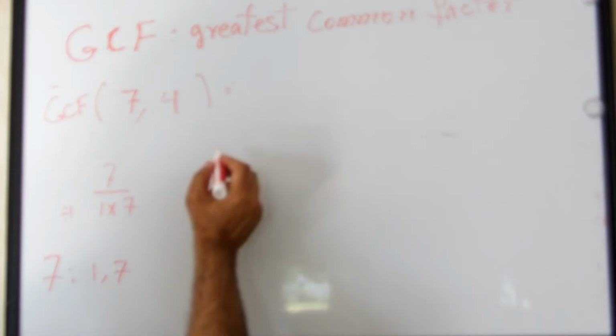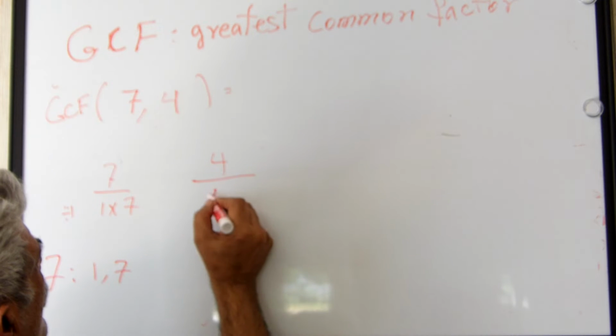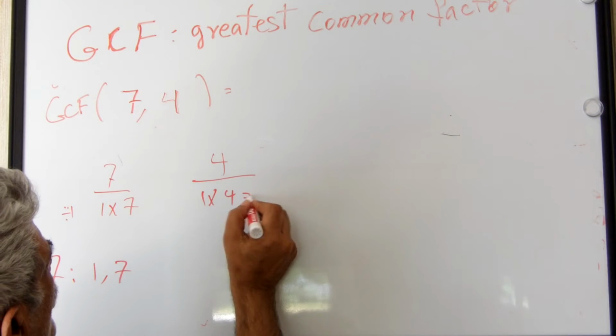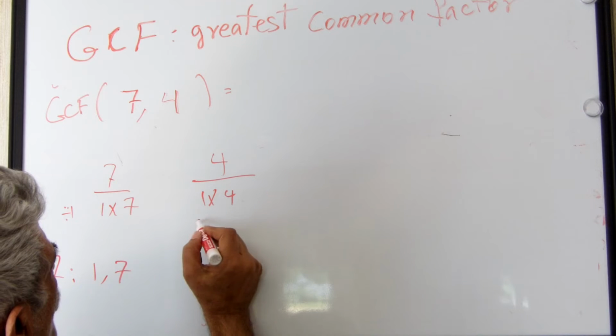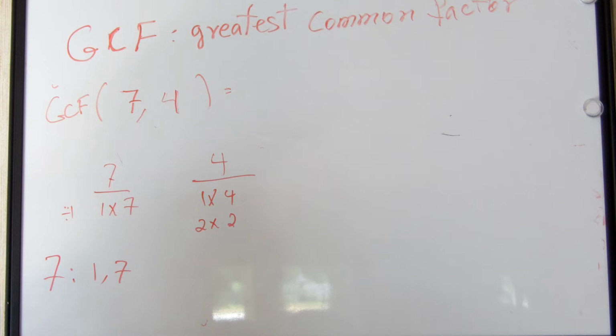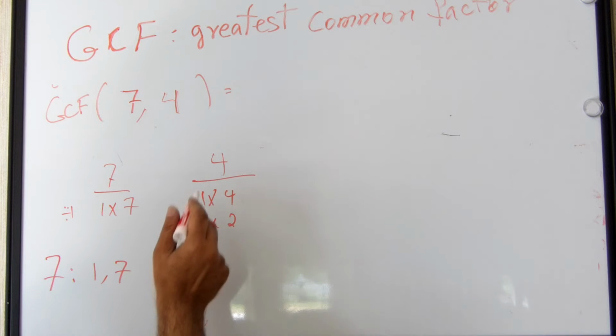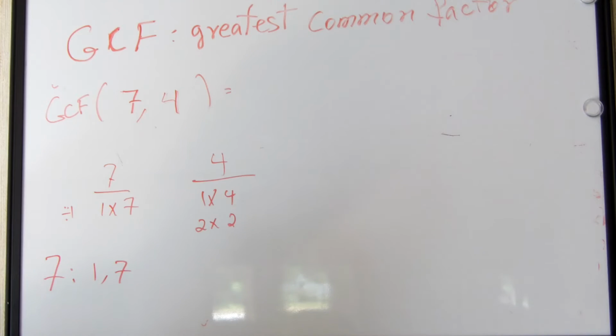How about 4? We can divide it by 1. 1 times 4 is 4. Then divided by 2 is 2 times 2. You cannot divide it by 3, but you can divide it by 4, which we did. 4 divided by 4 is going to be 1.